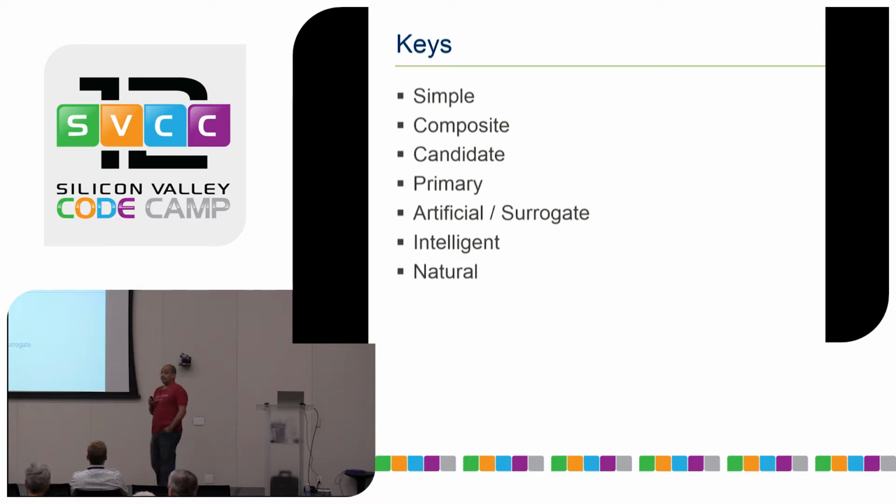A composite key will be a key that consists of more than one data domain, more than one column. Anyone know what a candidate key is? Okay, so a candidate key is any simple or composite key that uniquely identifies the relation, right? So if I have a table that has countries, I have the country name, I can use that to identify the country.